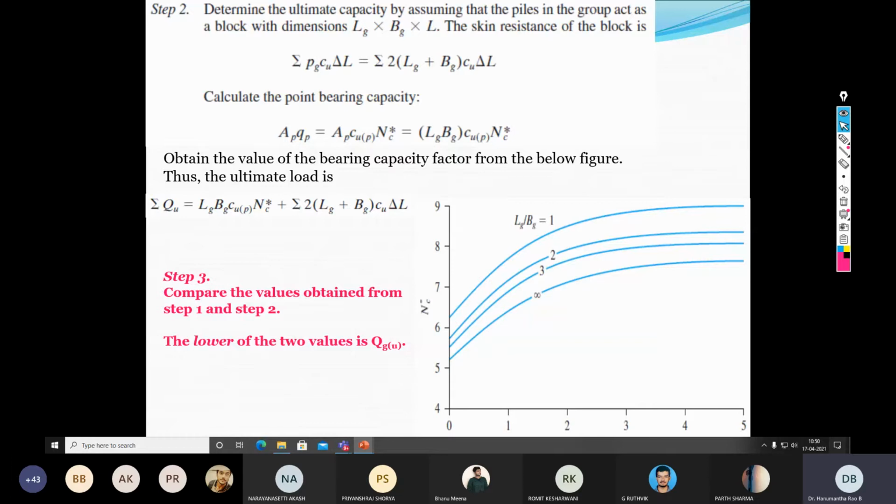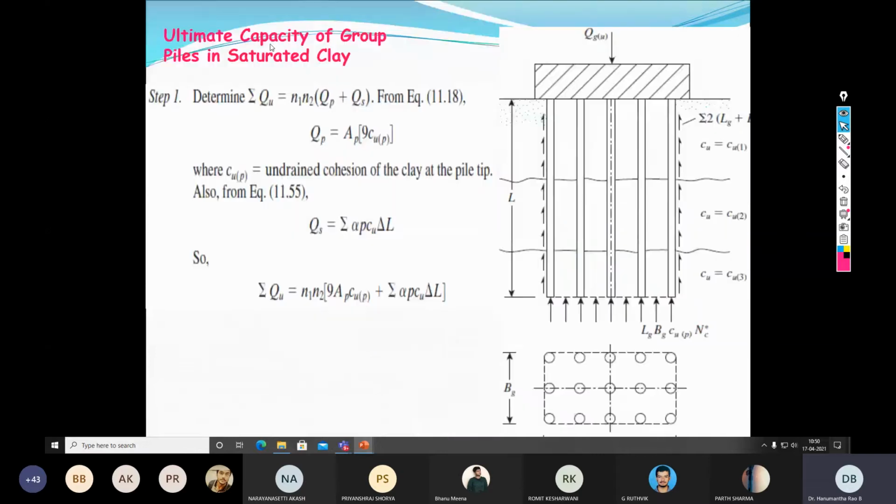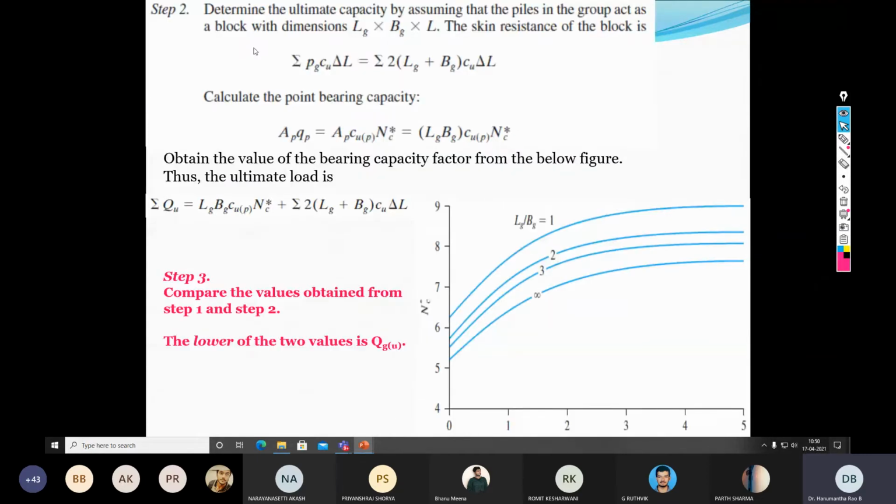Now the second is determine the ultimate capacity by assuming that the piles in the group act as a block. So in the previous slide, we have determined the capacity of the individual pile. In step 2, consider the pile group acts like a block.